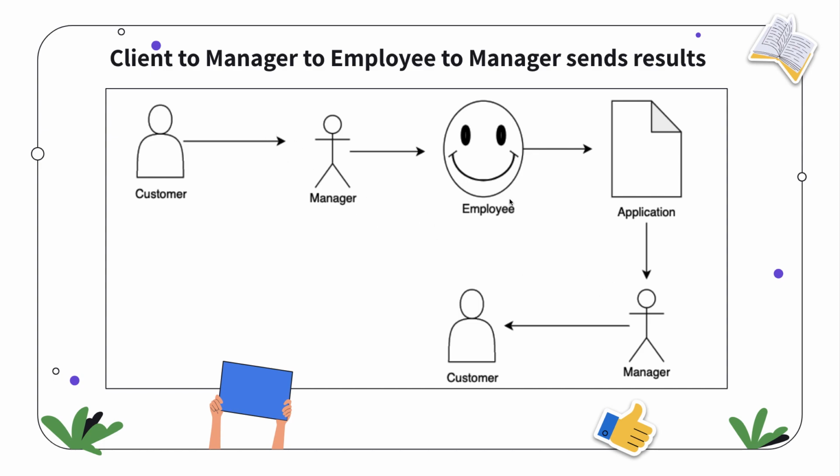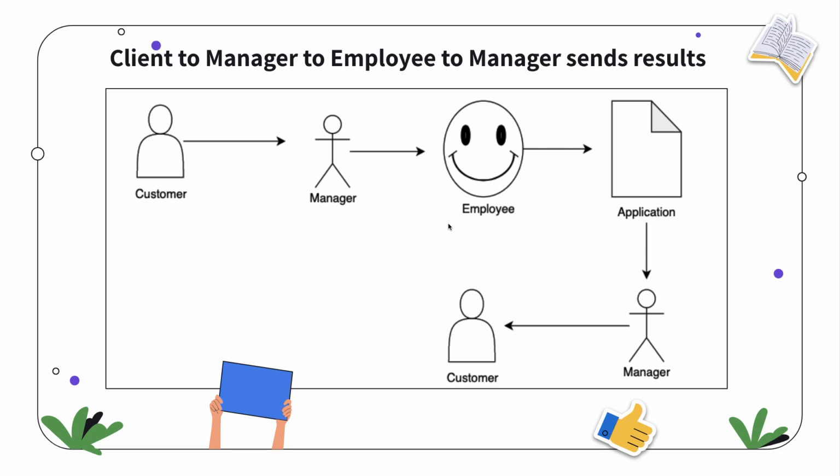So there should be a return statement, because the employee returns the result to the manager, and the manager prints the output. The manager shows the output to the customer. It's an indirect kind of thing: the manager asks the employee to do the work, the employee shows it to the manager, then the manager shows it to the customer.